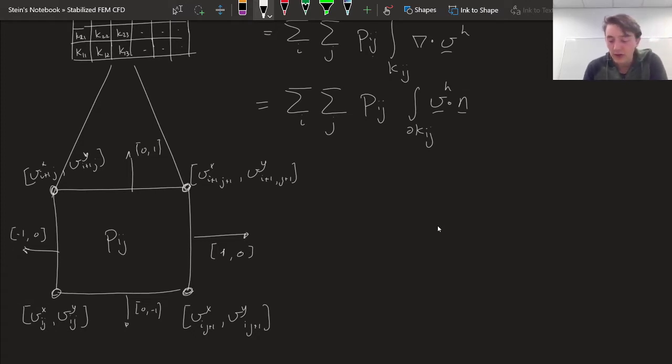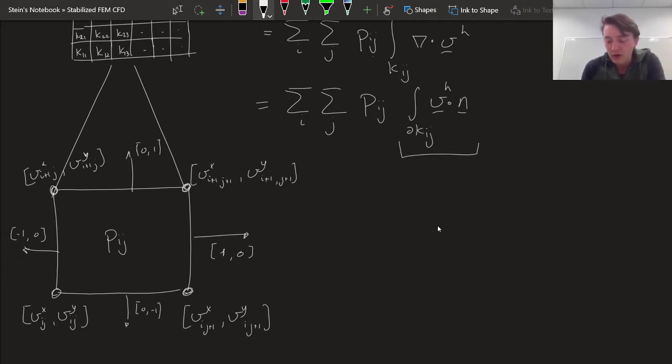So let's try to work out this expression. I have only 1 degree of freedom on each one of these edges for my relevant velocity. Or did I say 1? I mean, I have 2, meaning that this is a P1 expression for the velocity, a linear distribution.